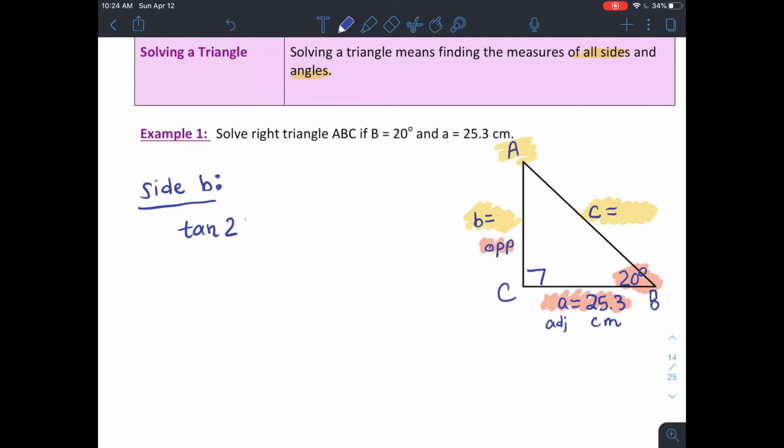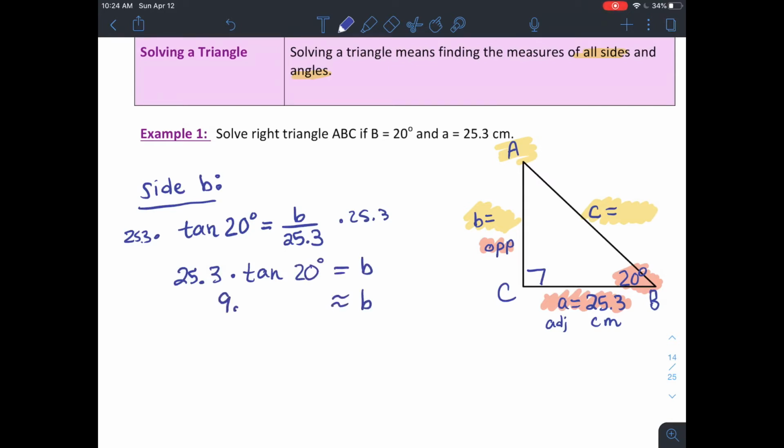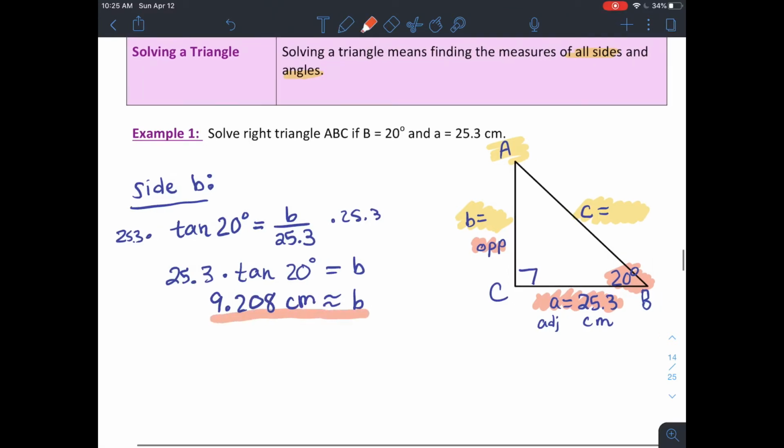So I could use tangent because it involves an opposite and adjacent side, and say that if I did tangent of that 20-degree angle, it would be my opposite side length over my adjacent side length. And then I could multiply both sides of that by 25.3, and that would give me my value for B is approximately 9.208 centimeters.